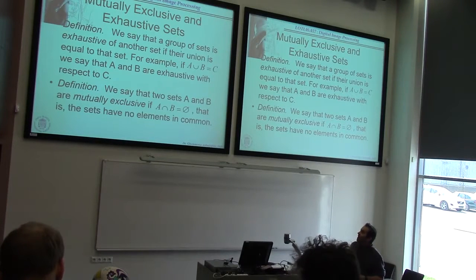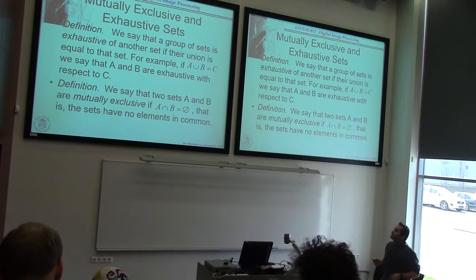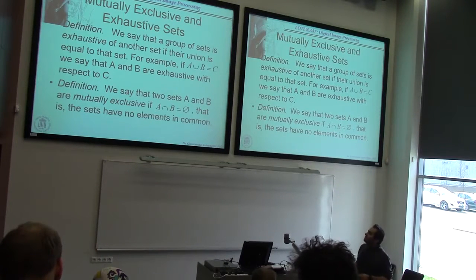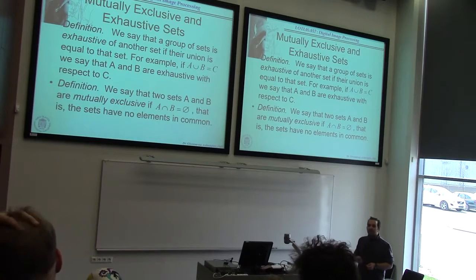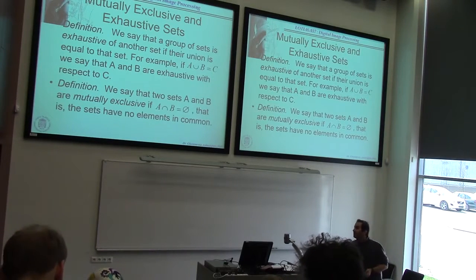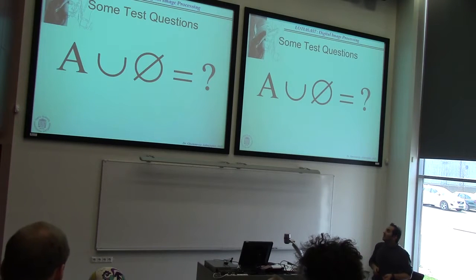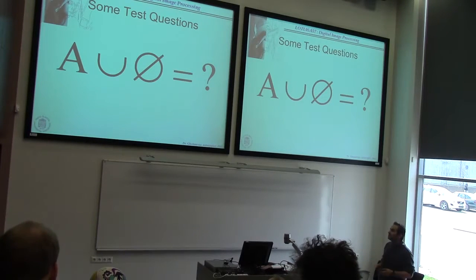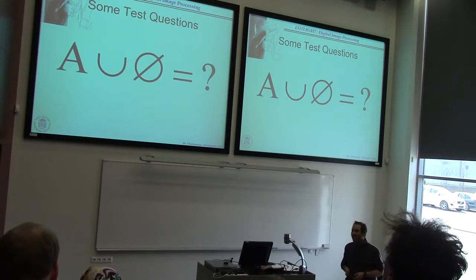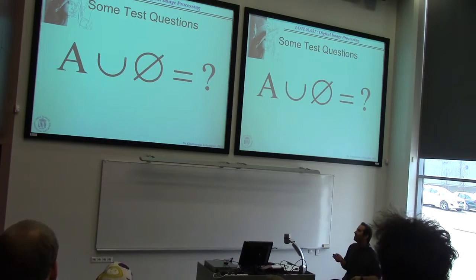And we can call sets A and B exhaustive when the union of these sets is equal to the universal set. It was too easy.